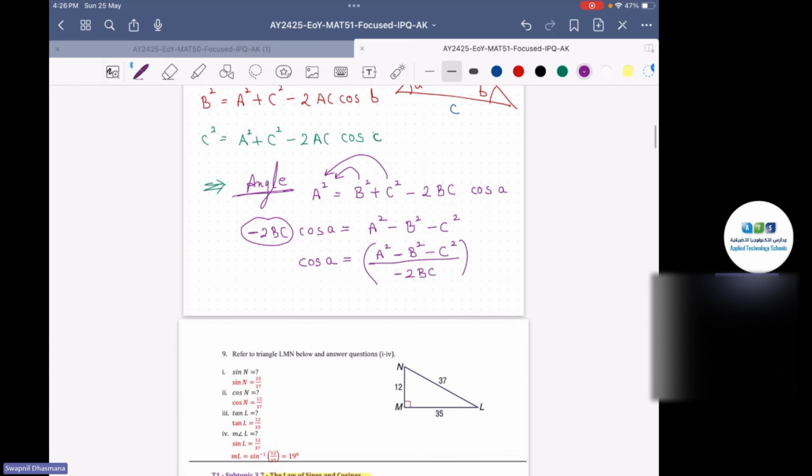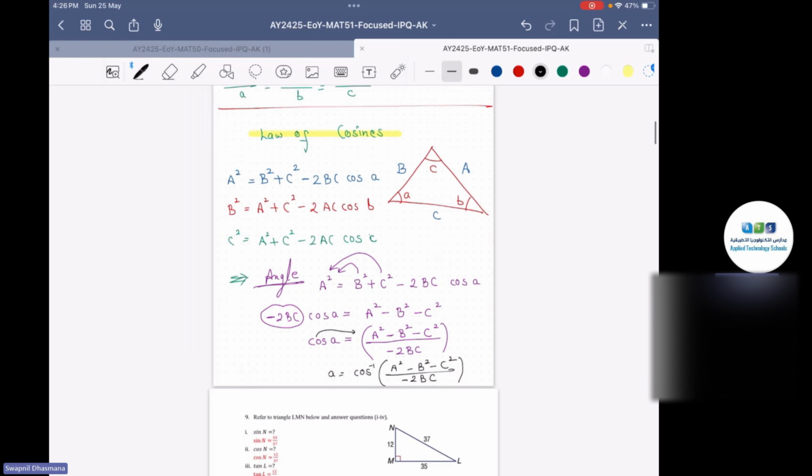The last step would be to put cosine here, so it'll be cosine inverse. Sometimes you will see the small a's, b's, and c's, but it doesn't matter what you write.